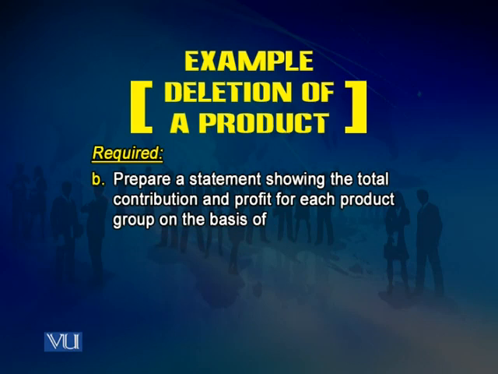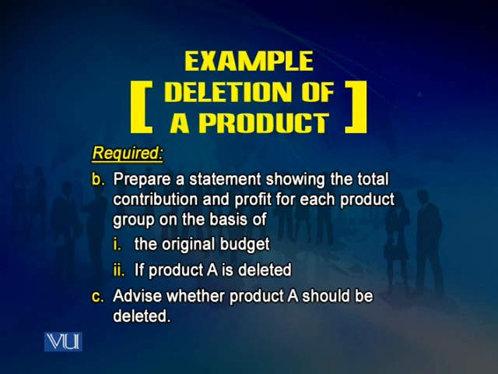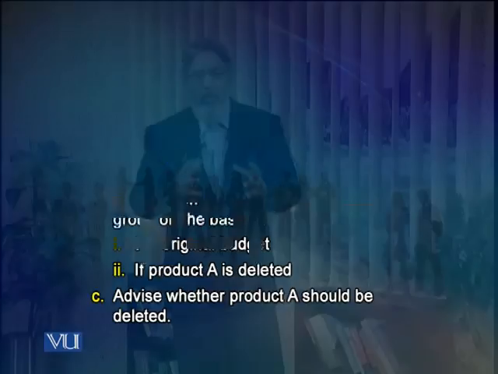Secondly, part B, prepare a statement showing total contribution and profit for each product group on the basis of 1, original budget, and 2, if product A is deleted, and C, to advise whether product A should be deleted. So it is quite important to examine the requirements in the question, and of course we must provide precisely the information that is required by the question.